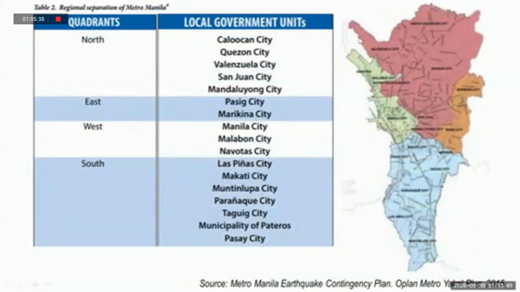These are the quadrants that were used to separate the cities: north, east, west, and south. The reason why they made this is because they're expecting that the bridges connecting these cities would fall down because of that earthquake. So that is the reason why they've cut off and distributed these four quadrants.